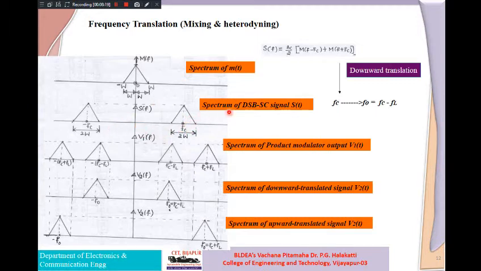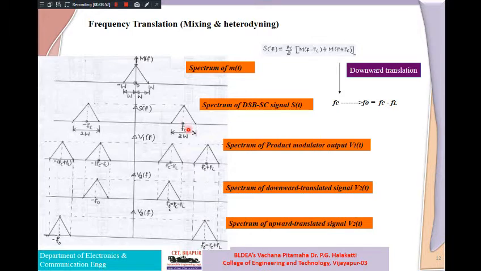Now we'll give this as input to the product modulator, along with cos 2πf_c t, and multiply. Next, what output are we getting? The spectrum of the product modulator: A_c/2 [M(f - f_c) + M(f + f_c)]. Now we want to shift the frequency from f_c towards a downwards translation, that is f_c - f_L.